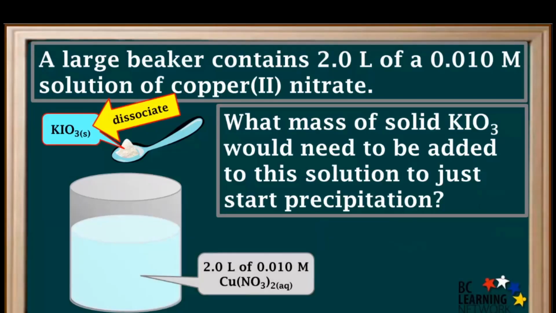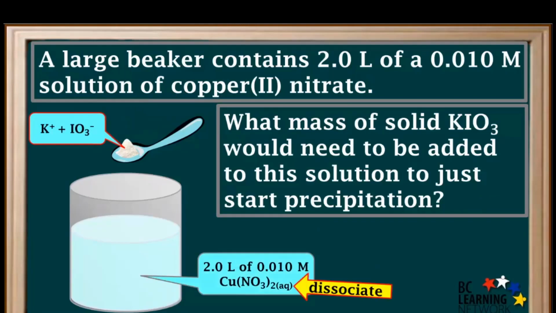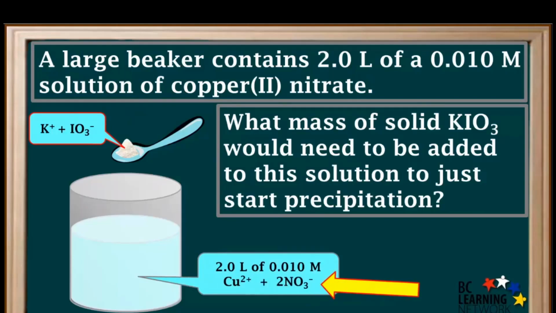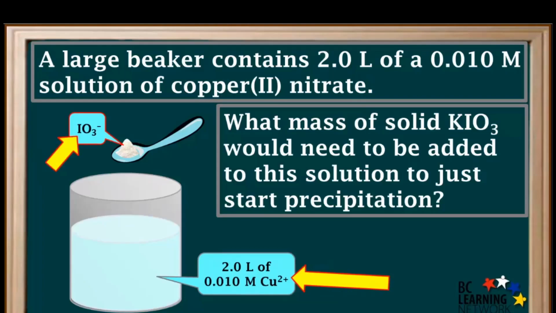We'll dissociate KIO3 into its ions, which are K plus and IO3 minus. And we'll also dissociate CuNO3 too, to give us the ions Cu2 plus and NO3 minus. NO3 minus, or nitrate ions, and K plus ions are both spectators, so we can discard them from our discussion and tidy up. We'll show Cu2 plus ions in the beaker, like this.